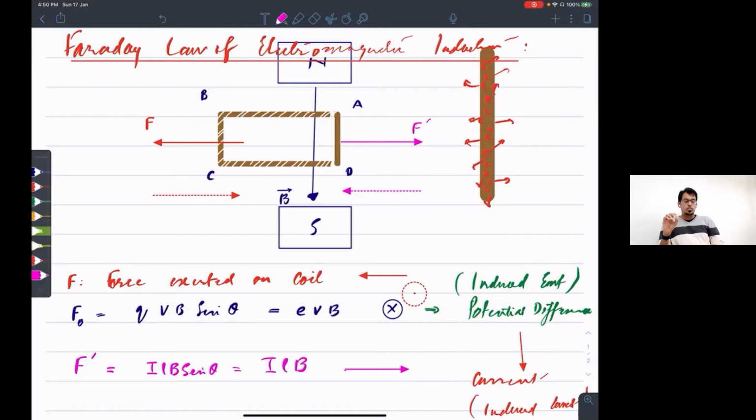Anyways, so what I was trying to explain, induced current always opposes the cause which has produced it. And why it does this, to obey the law of conservation of energy, I will be explaining in a later part of this unit. The cause of current was you trying to pull the coil out of the magnetic field.